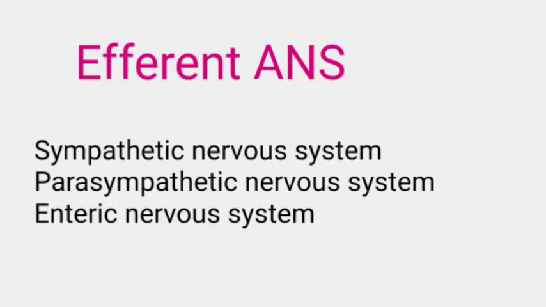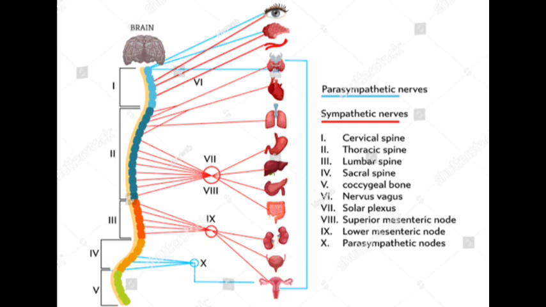The efferent autonomic nervous system is divided into the sympathetic and parasympathetic nervous system, as well as the enteric nervous system. Anatomically, the sympathetic and parasympathetic neurons originate in the CNS and emerge from two different spinal cord regions.